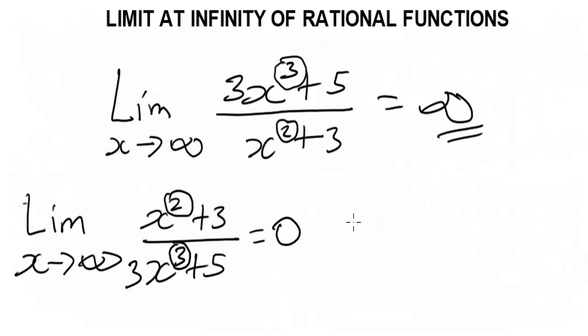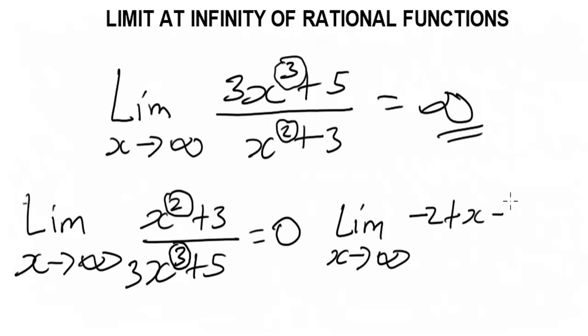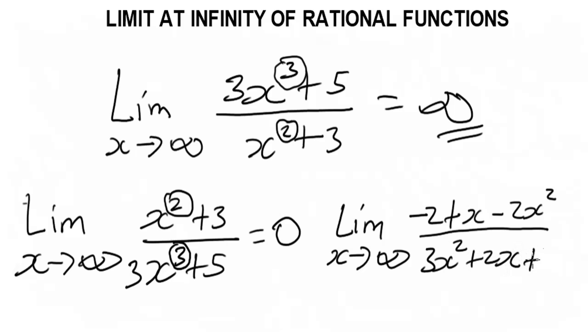And lastly, let's look at the last principle, where we are given the limit as x tends to infinity of a question of this form: minus 2 plus x minus 2x squared all over 3x squared plus 2x plus 5. Whenever you are given a question like this and asked to find the limit of the function at infinity, you check if both powers are the same.